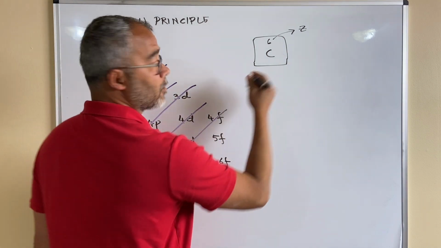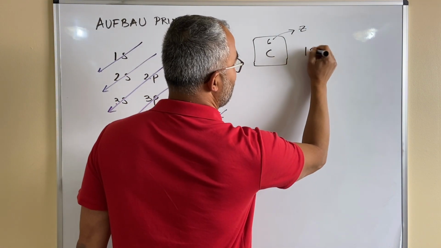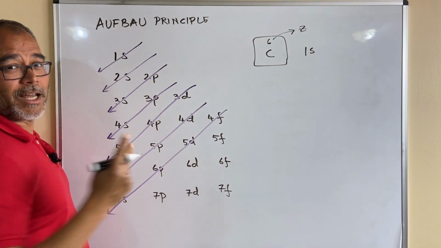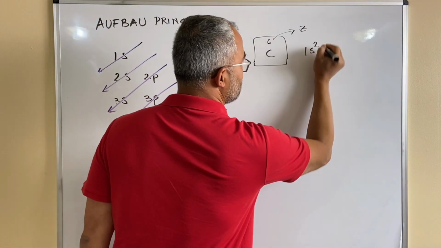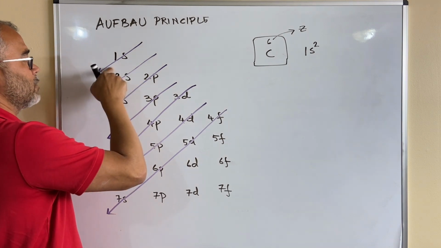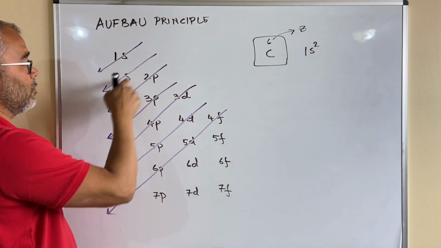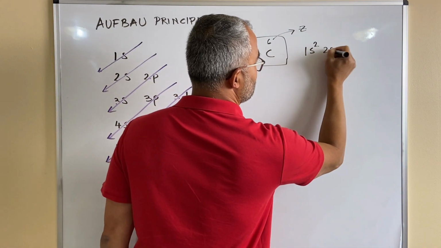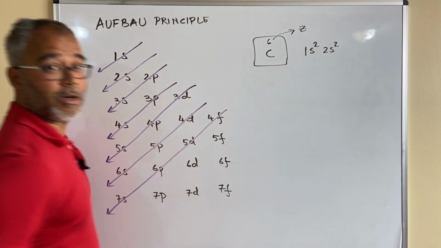The electron configuration for carbon is going to be 1s, and we know that s can have a maximum of 2. Once you finish the first arrow, you start with the second arrow, 2s, maximum of 2.